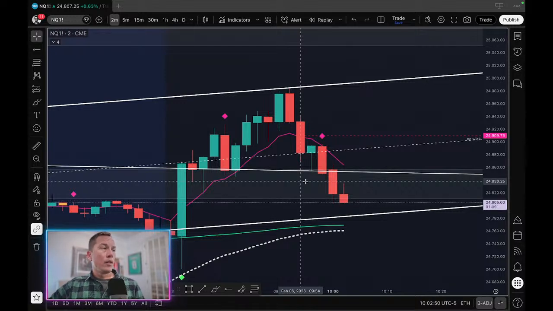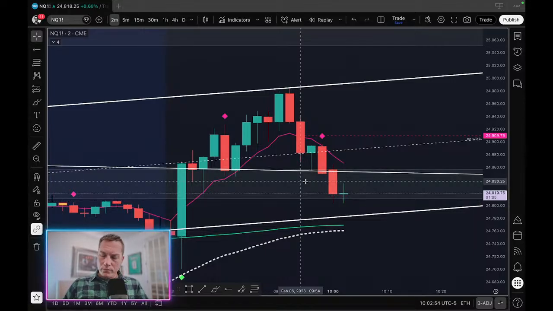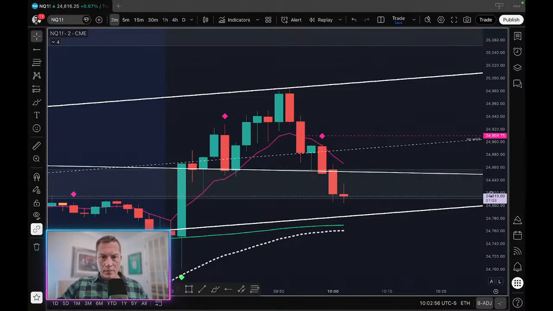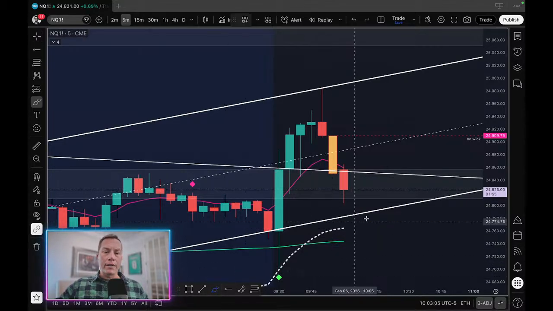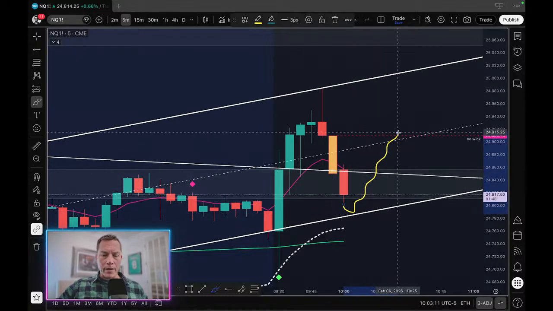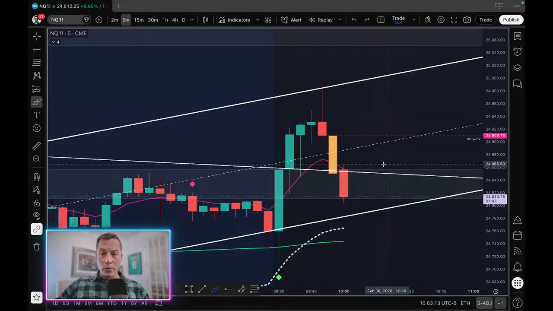Okay, so I still think this is going to push down. Do you guys see it? You guys see this head and shoulders? I'm just watching all the different things, right? There's a lot of different things. So I'm thinking about what's next. Well, we probably could come down to here, 87, and then maybe try to push back up, if we're going to try to be weak or strong.